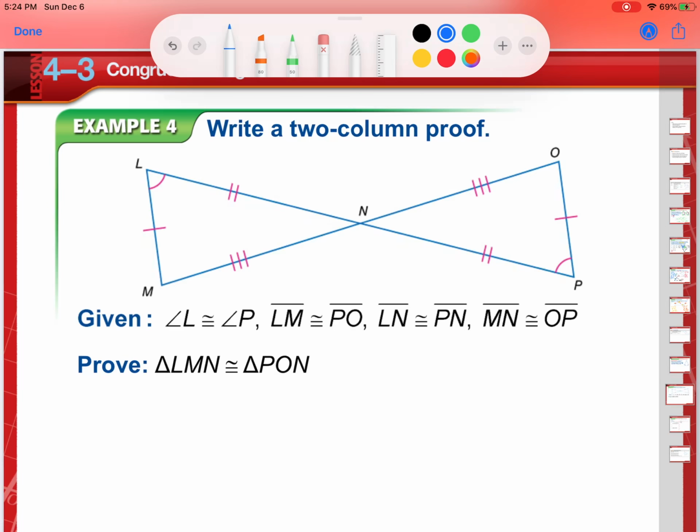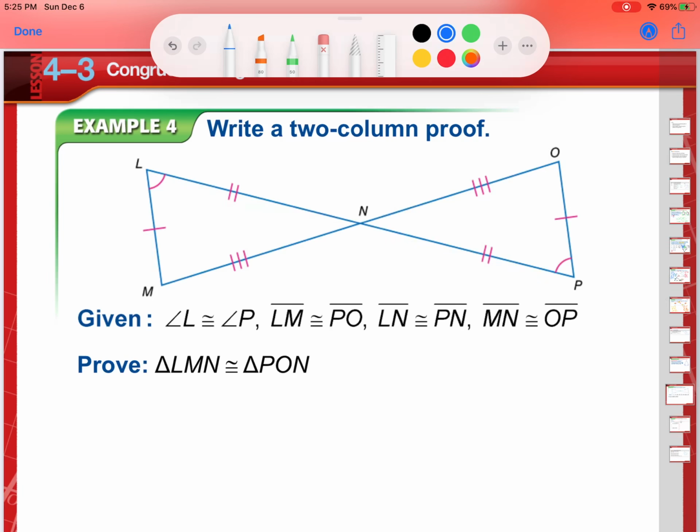And they tell us that angle L is the same as angle P, LM is the same as PO, LN is the same as PN, and MN is the same as OP. What? Really?